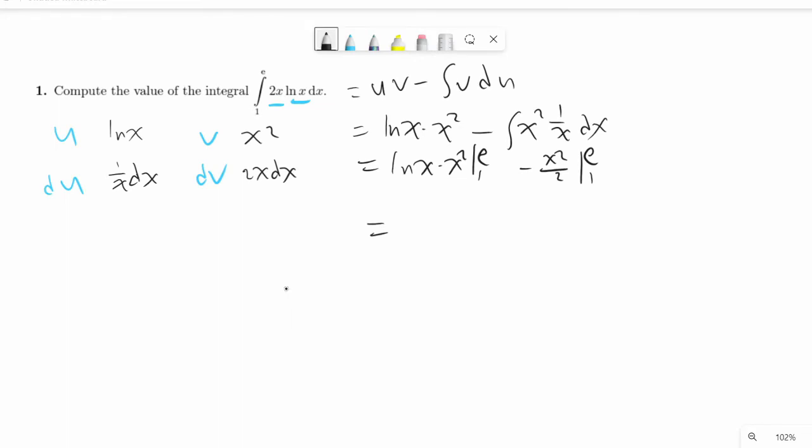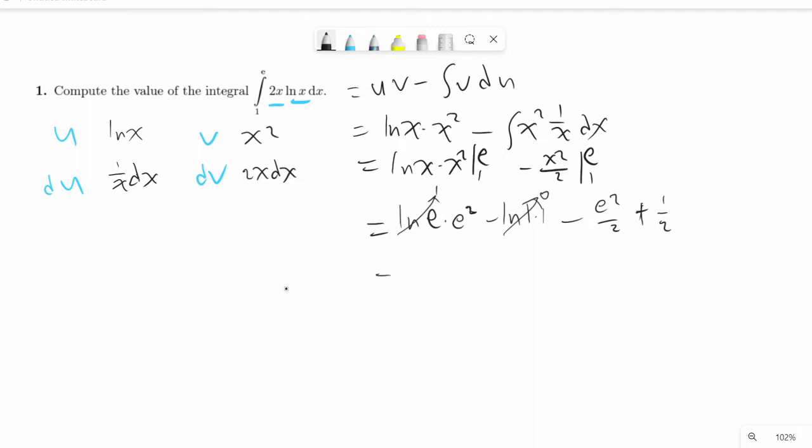Therefore, we have ln e times e squared, and then that will be minus ln 1, which is 0, times 1, right? That's 0, ln e is 1, and then minus e squared over 2 plus 1/2.